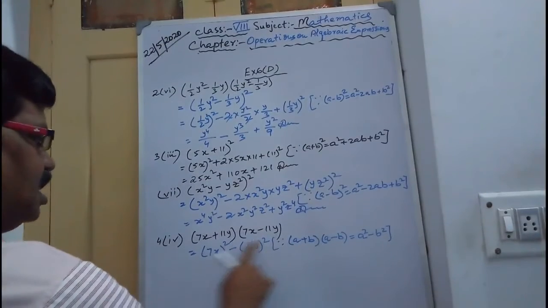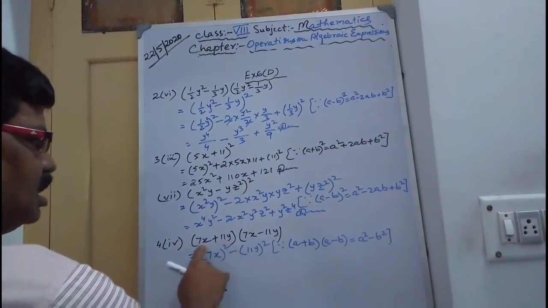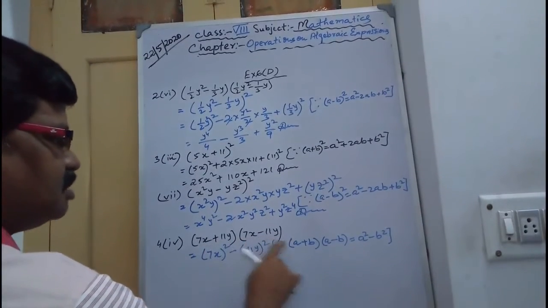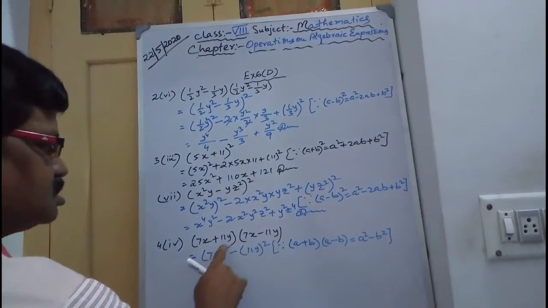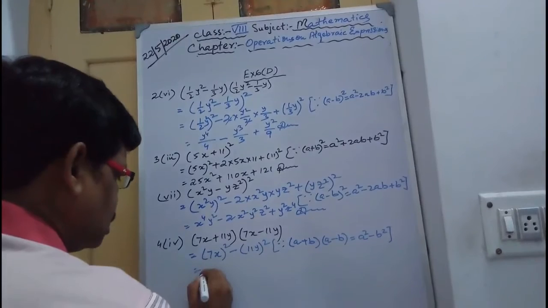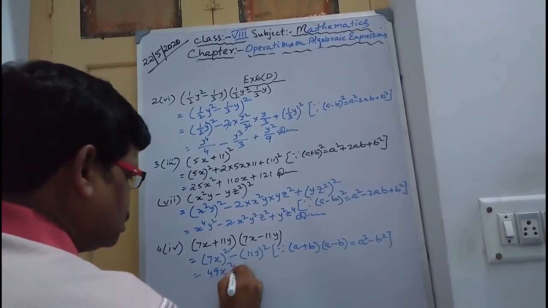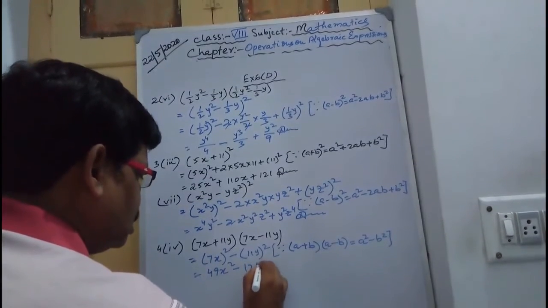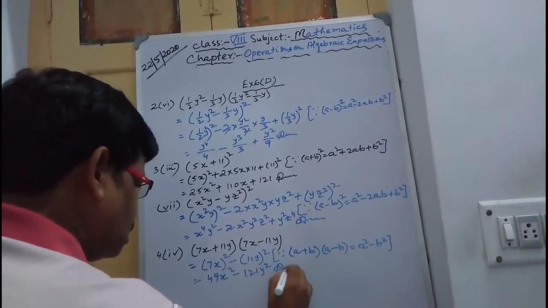So in place of a, 7x, in place of b, 11y. (a + b)(a − b) is a² − b², the (7x)² − (11y)², so equal to 49x² − 121y². That is the answer.